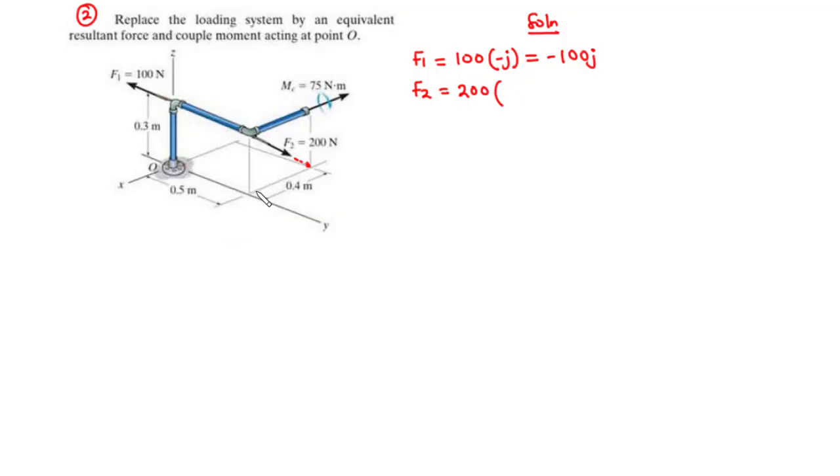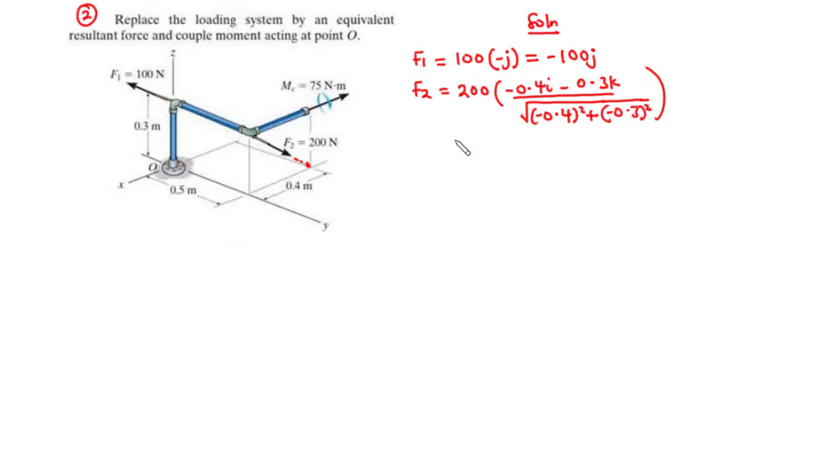And then from this point, you move along the negative x-axis, and that means that you have a negative value, that is negative 0.4i. So you have negative 0.4i minus 0.3k, all divided by the square root of negative 0.4 squared plus negative 0.3 squared.